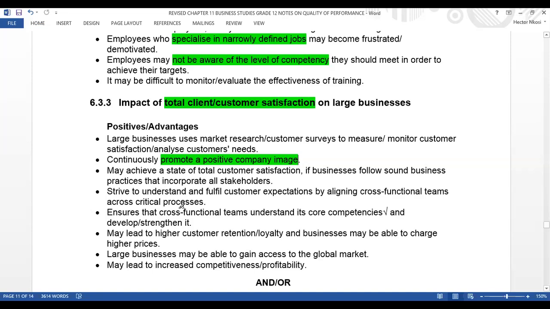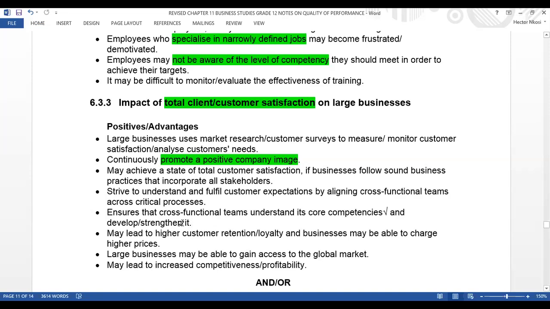Another thing you need to look at is that you must always strive to understand and fulfill customer expectations by aligning costs and functional teams across critical processes. Also, you must ensure that cross-functional teams understand its core competence and strengthen it.